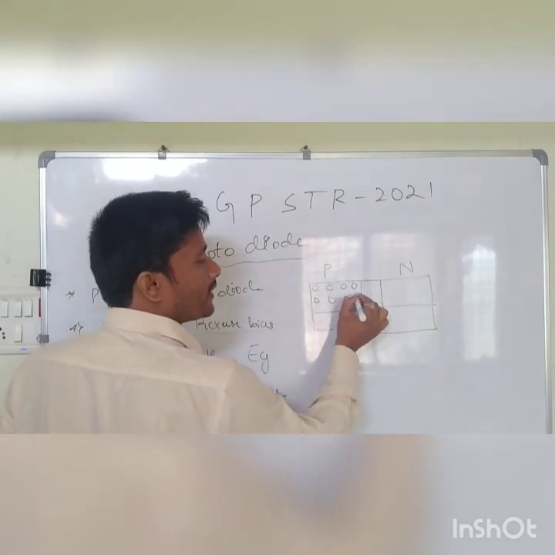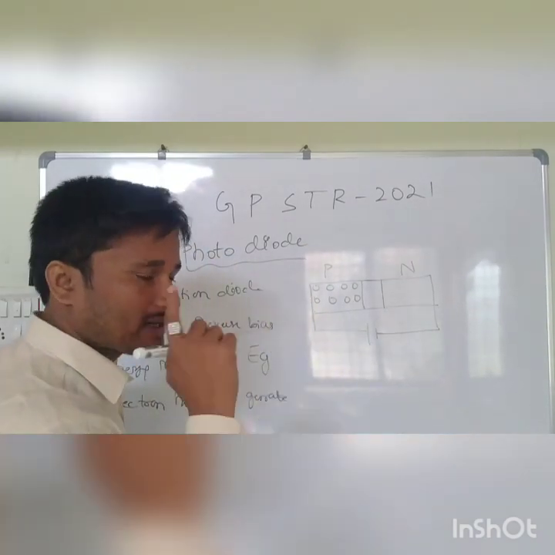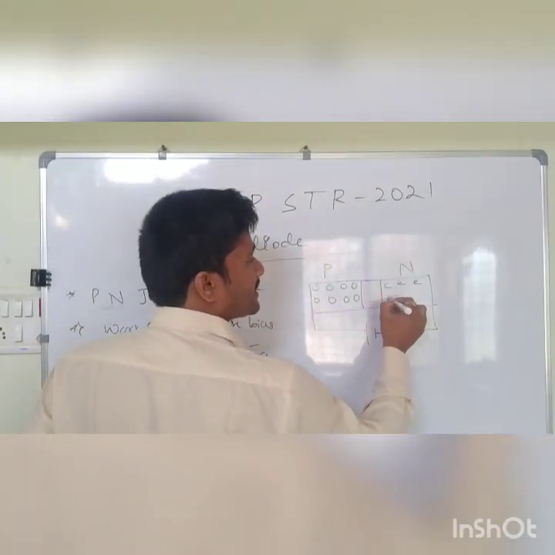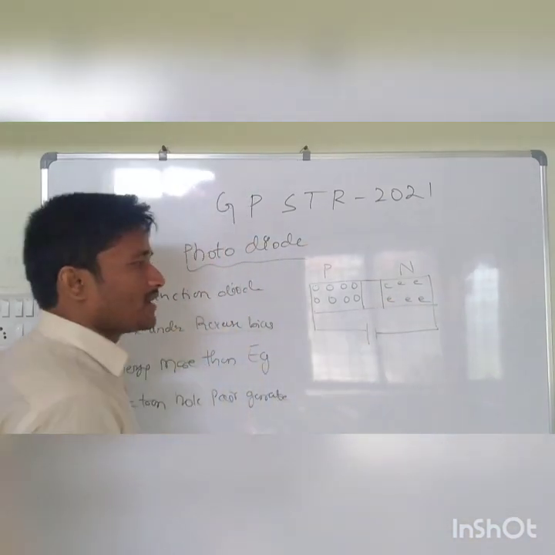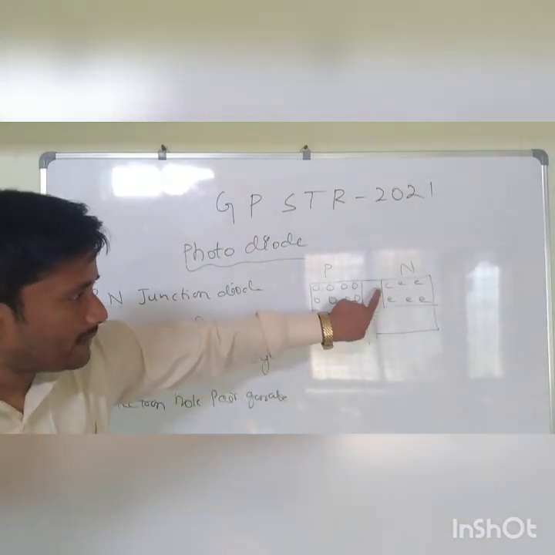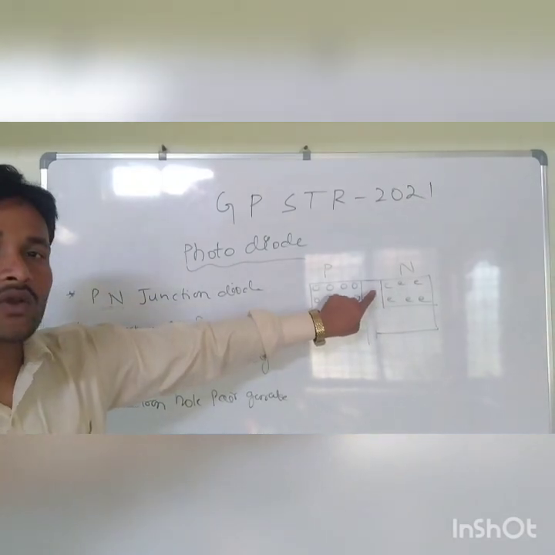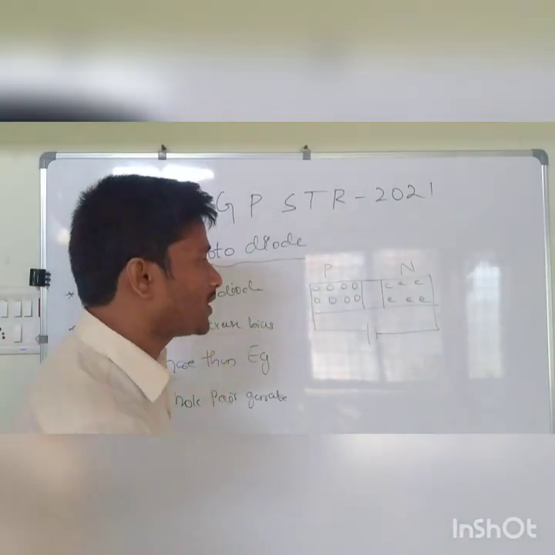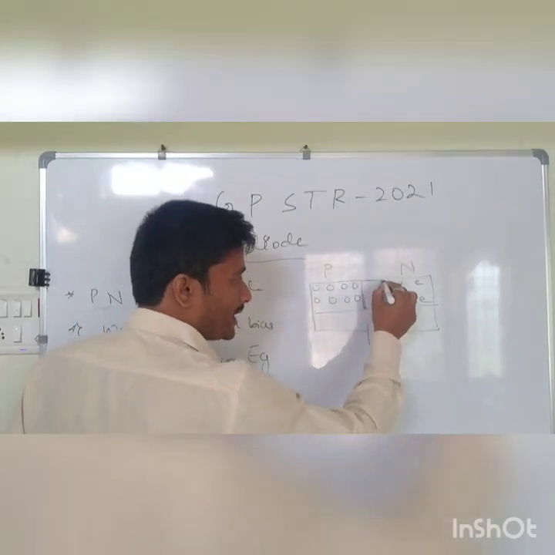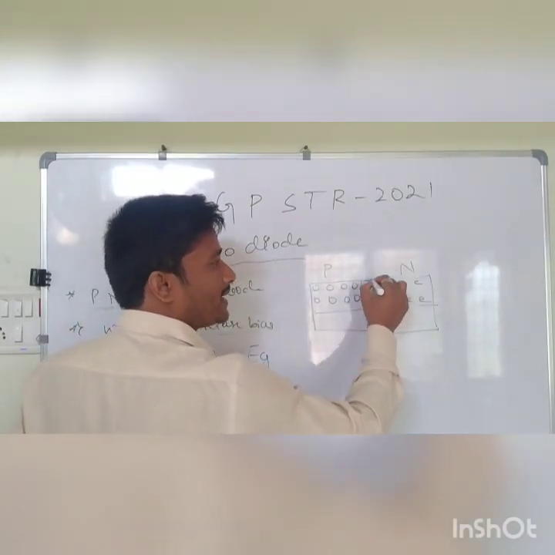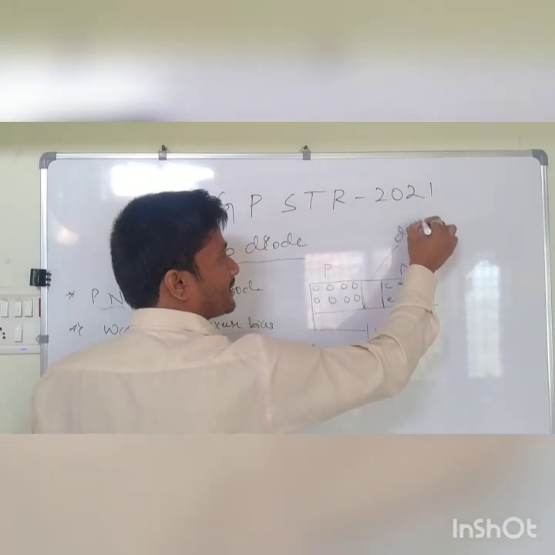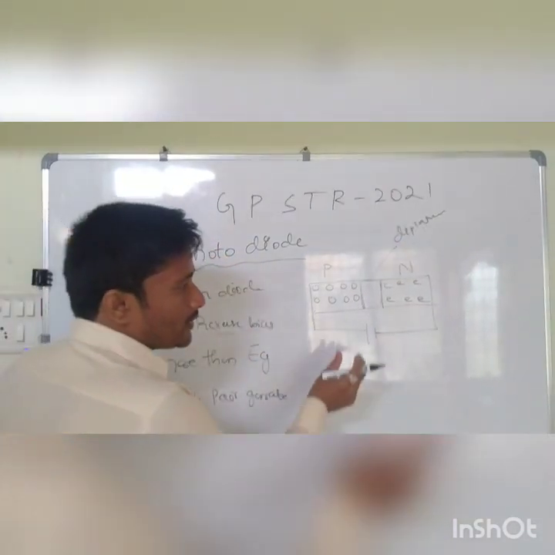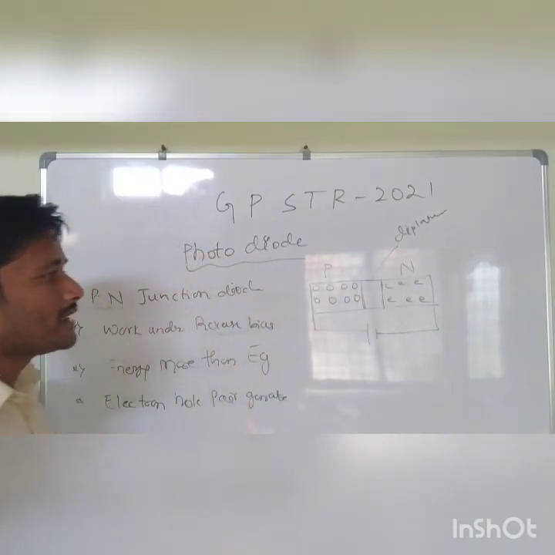Remember this: the majority charge carriers in P type semiconductors are holes, and in N type semiconductors the majority charge carriers are electrons. In between P and N type there will be a layer. This layer we are going to call the depletion layer.